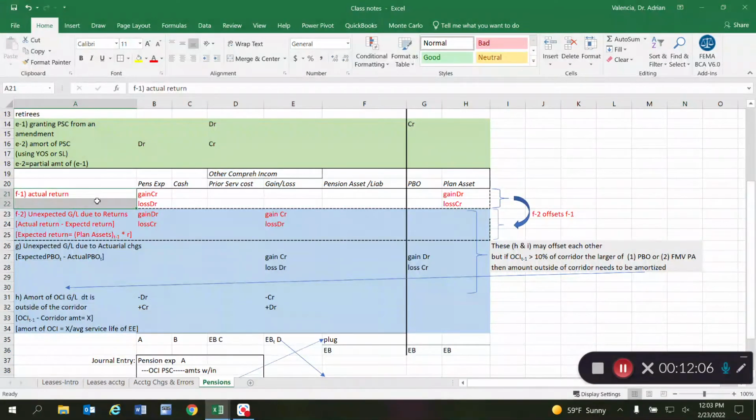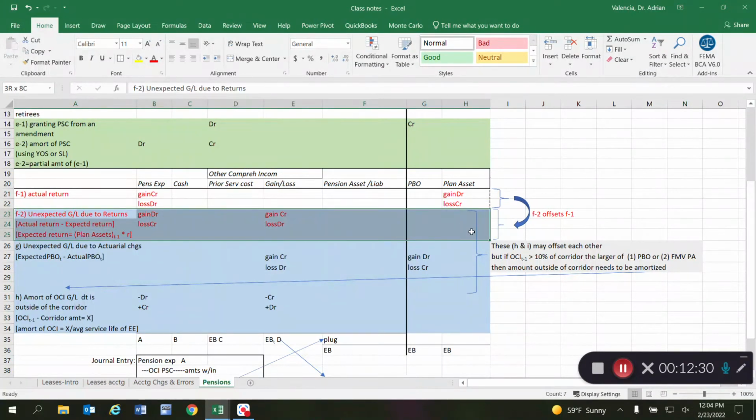So in other words, we had an expectation that the value of the plan asset was going to go up by some amount X. And if it went up by exactly X, based on our expectations, then we would credit pension expense, and then we would debit the plan asset, right? And then nothing else would be done. You would not have this F2 section here that I'm going to describe in a minute.